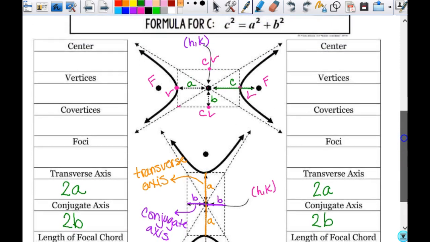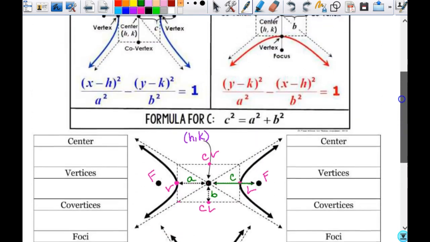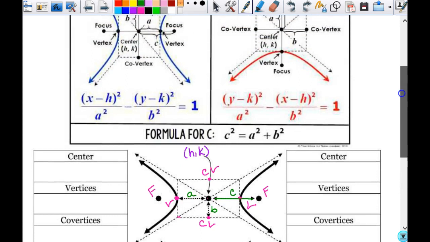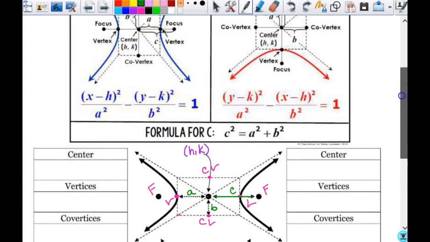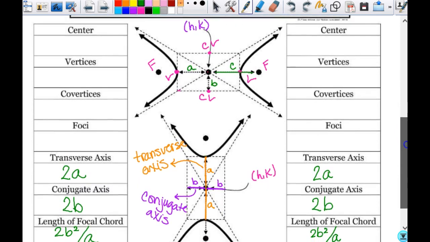All right, so now I'll look back up here on both of these, and what is always true, even when you mix up x and y and you mix up a and b and stuff, your center for all of these is HK. Center is HK every time.